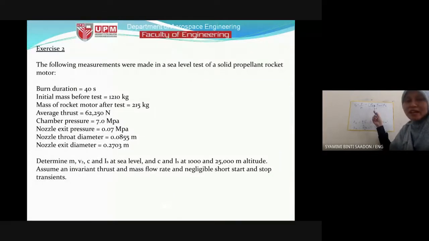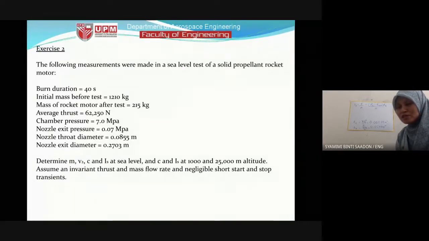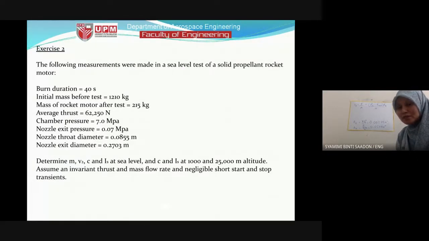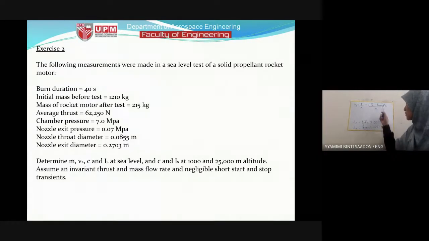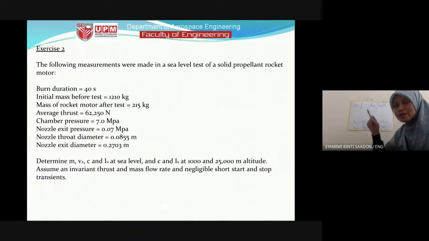P exit is 0.07 megapascal, and ambient you can use 1.013 bar, the atmosphere, which in megapascal is 0.1013.